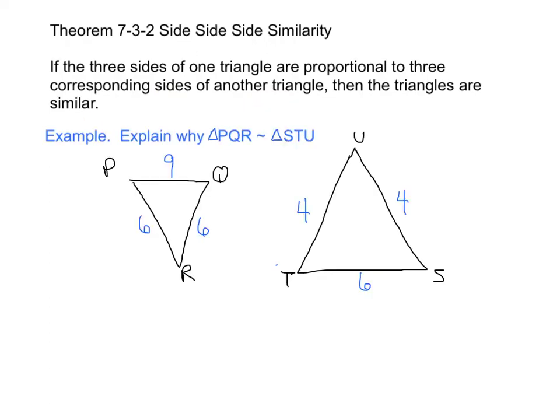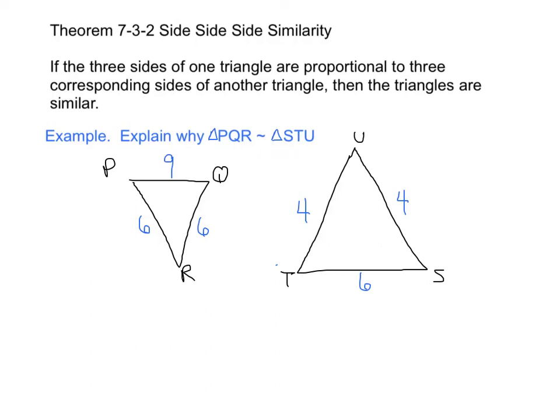Looking at an example dealing with this theorem, it says, explain why triangle PQR is similar to triangle STU. Let's go ahead and look at these, and notice we're not going to use angles because we don't know any angle measurements. So let's deal with the sides then. Let's set up a proportion.